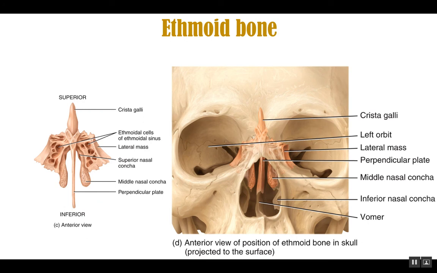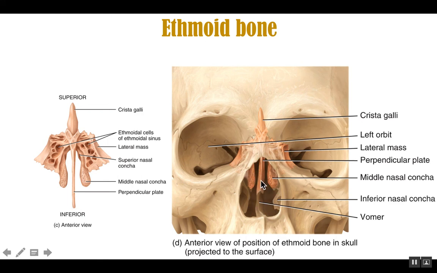There is one last structure called the perpendicular plate. The perpendicular plate runs vertically down from the ethmoid bone and forms the superior portion of your nasal septum. Your nasal septum is what divides your nasal cavity into 2 cavities, a right and left nasal cavity.